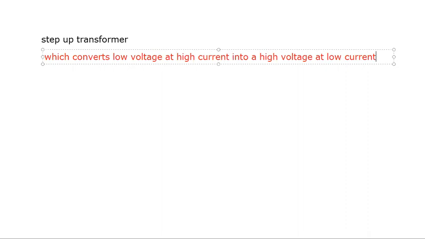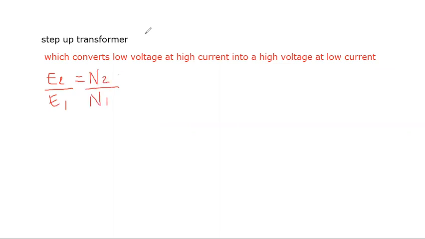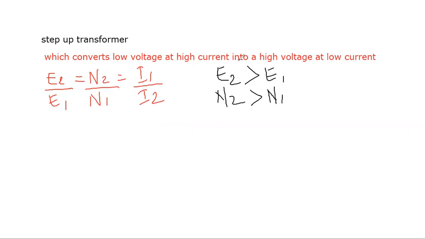In step-up, we just did the relation. We know that for an ideal transformer, E2 upon E1 is equal to N2 upon N1 is equal to I1 upon I2. So what I mean to say is, if E2 is greater than E1, then N2 is greater than N1, but I2 will be less than I1.